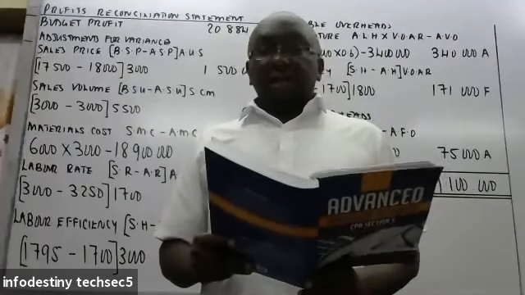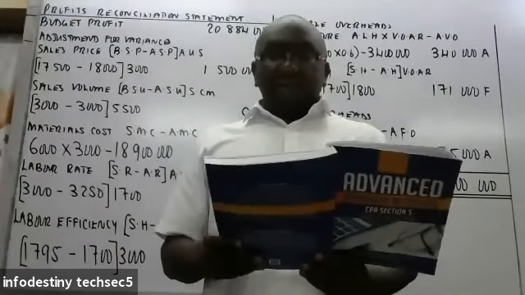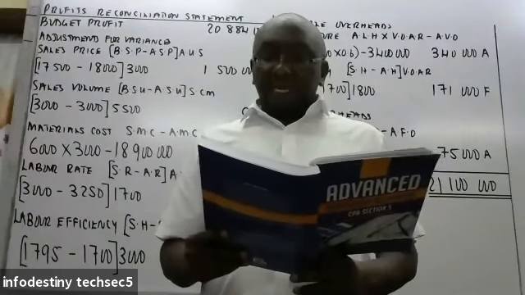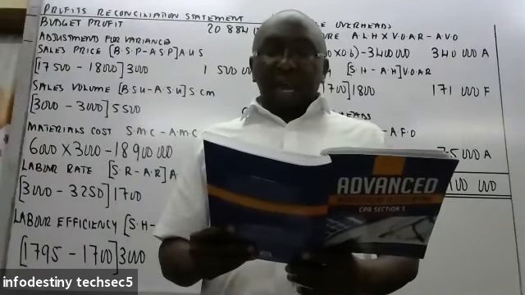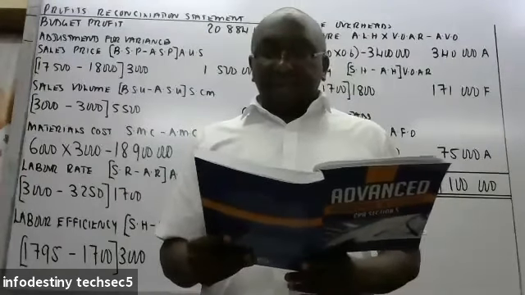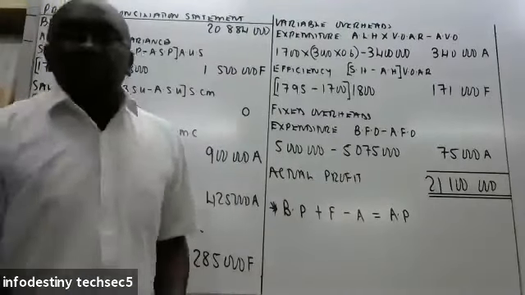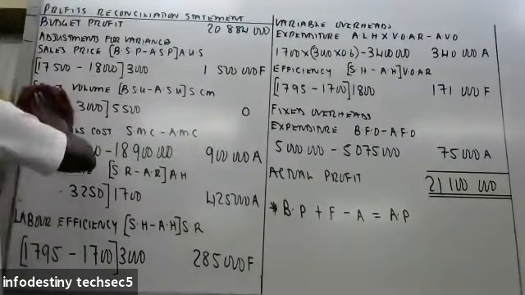November 2019, question number 1. Examine 3 benefits that might accrue to a business organization as a result of good ethical behavior by management accountants. As a result of good ethical behavior.